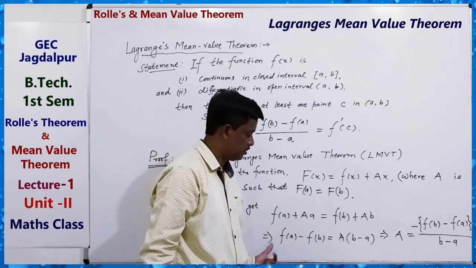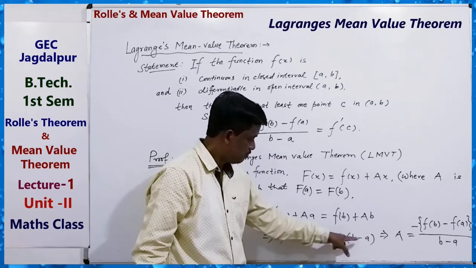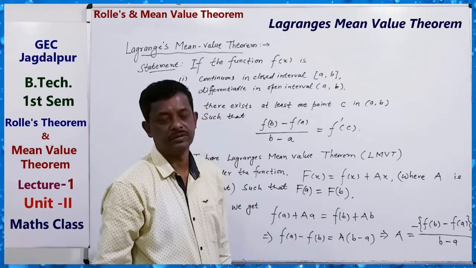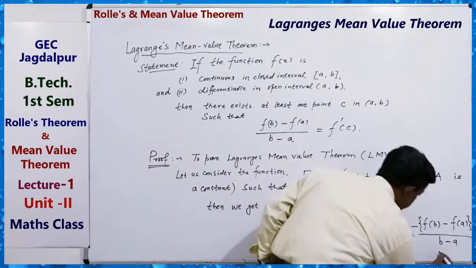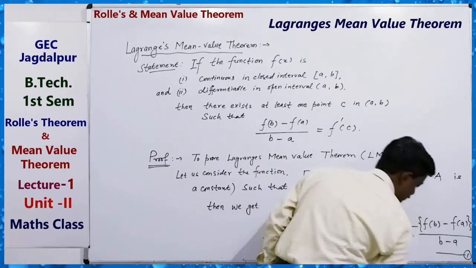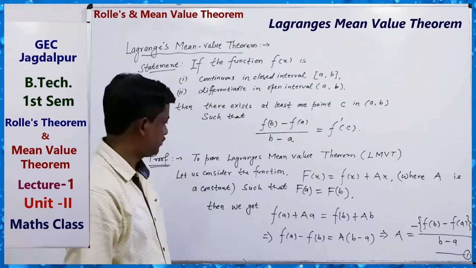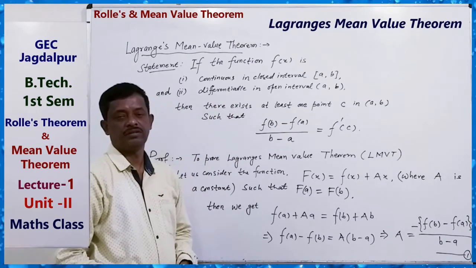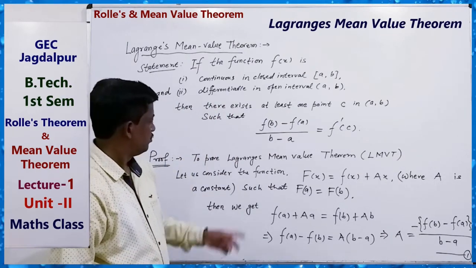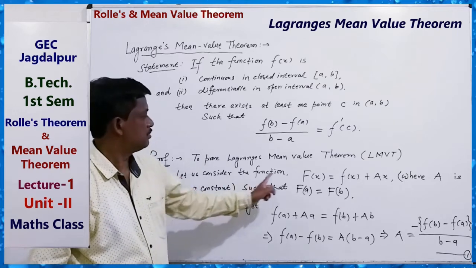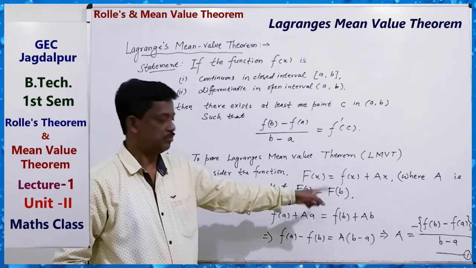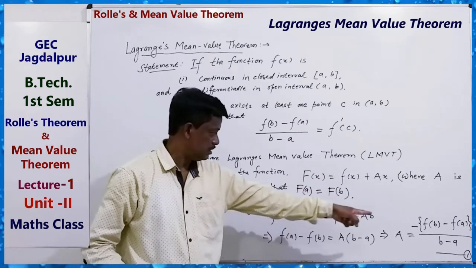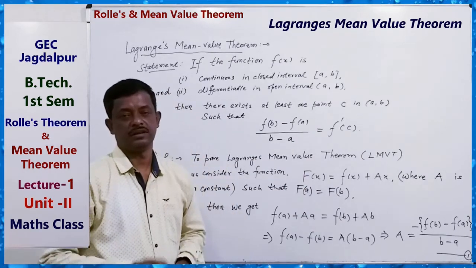Minus common, (f(b) minus f(a)) upon (b minus a) equals A. This is the value of A, first equation. For proving this theorem, let us consider the function this, where A is a constant such that, from this condition, we get A equals this.